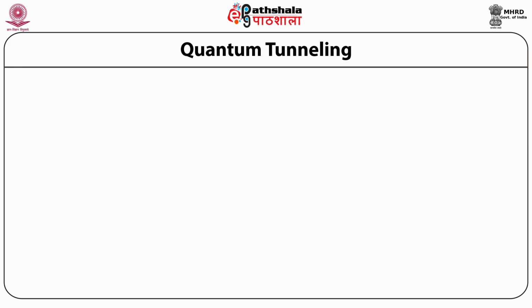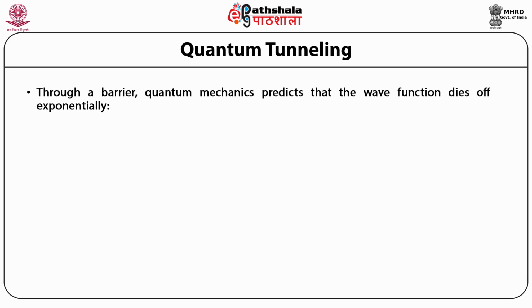So let us now discuss quantum tunneling. Through a barrier, quantum mechanics predicts that the wave function dies off exponentially. So ψ(d) = ψ(0)·exp(−kd), where k = √(2m(φ−E))/ħ.